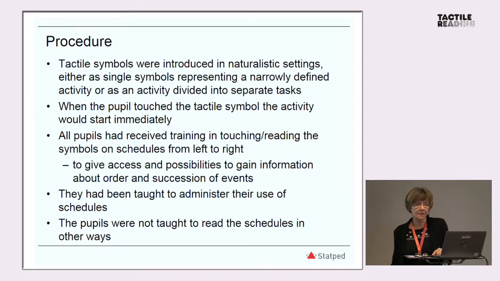This was to give access and possibilities to gain information about order and succession of events. They had been taught to administer their use of schedules by putting, for example, the finished symbol in a finished box, and then touching the first on the schedule. And the pupils were not taught to read the schedules in other ways.